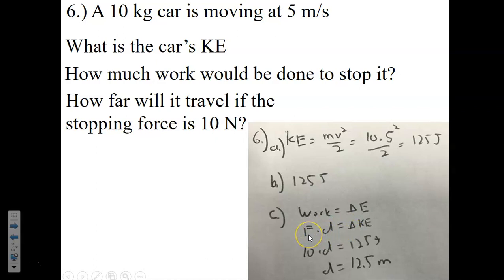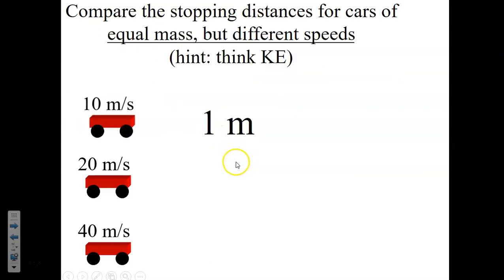Our force is 10 newtons, and distance is what we're trying to find, so the distance is going to equal 12.5 meters. And all we did was set the work of 125 joules equal to force times distance, and plugged in 10 for the force, because that's what it gives us.